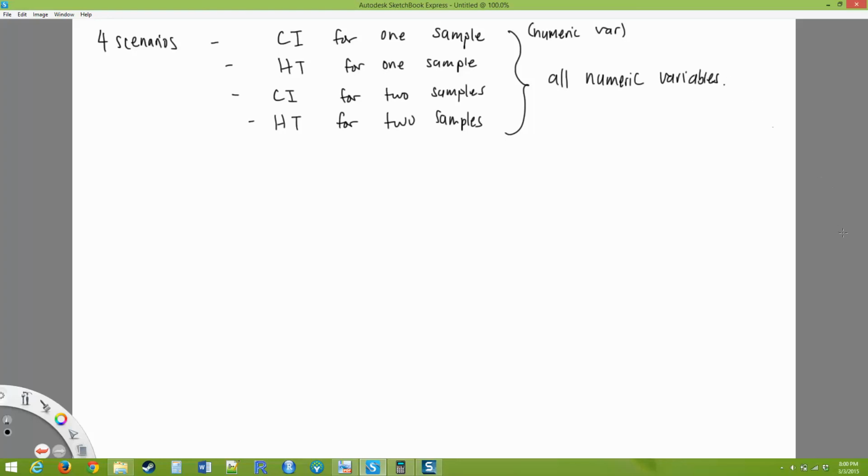We know the difference between a numeric variable and a categorical variable? So if I say we're dealing with people, we ask people, do you have a 401k account?